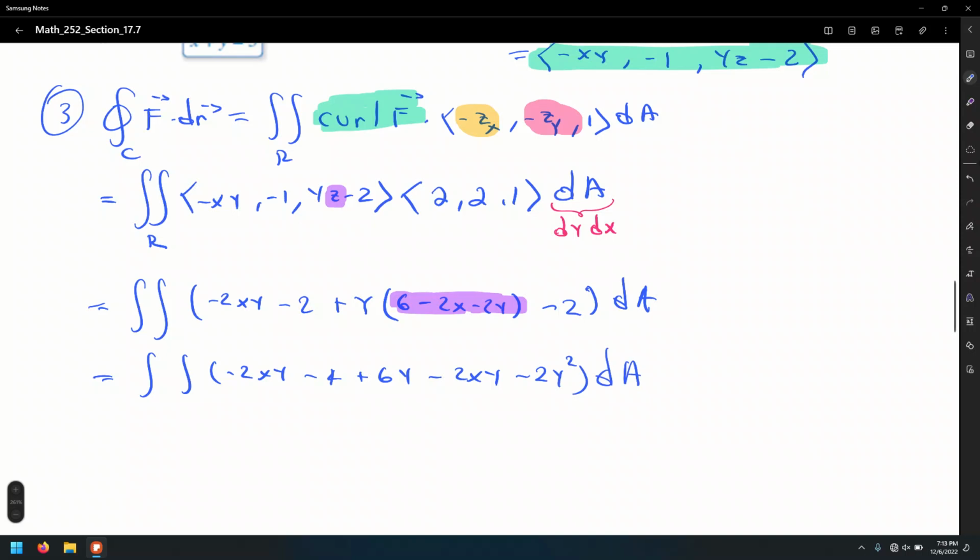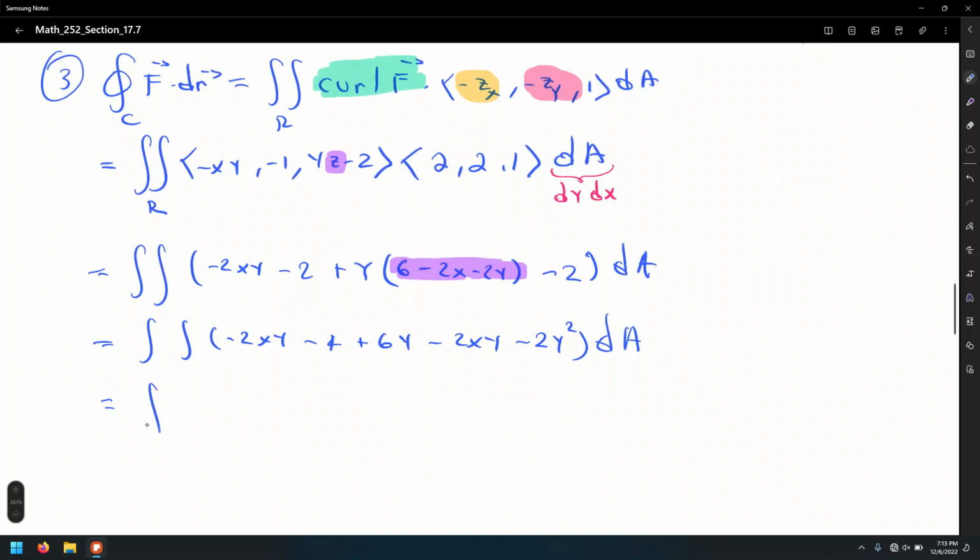I'm going to write the a still. We can still combine some terms because we have those two negative 2xy's that we can simply combine, negative 4 actually. 4xy minus 4 plus 6y and minus y squared.